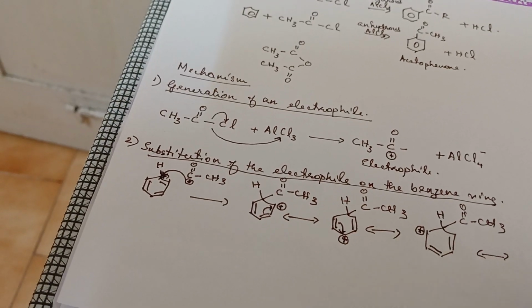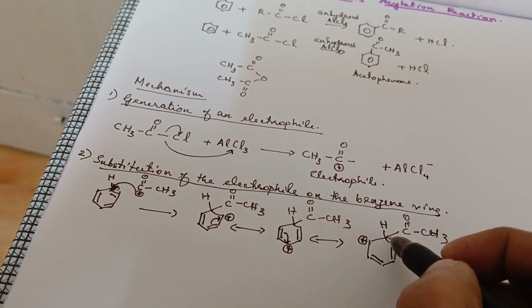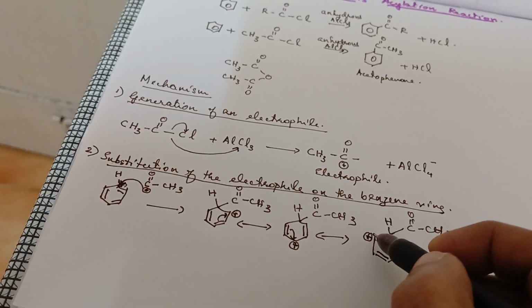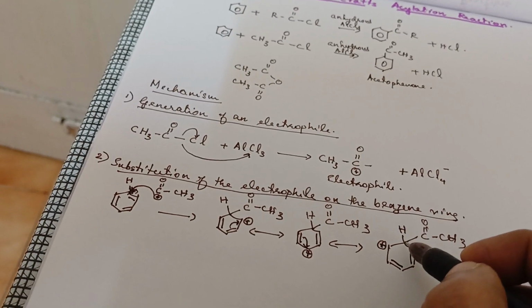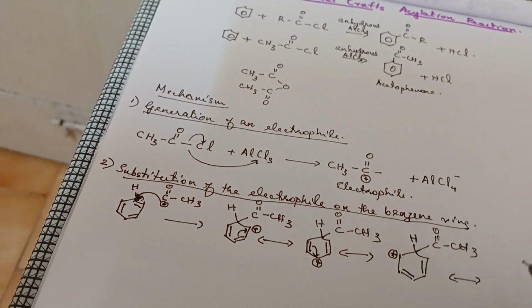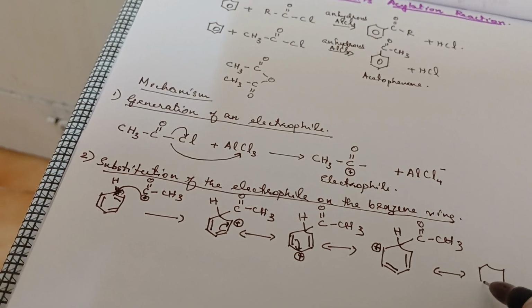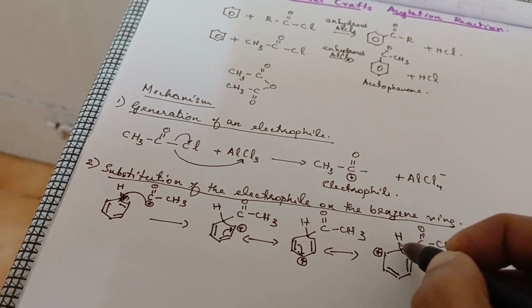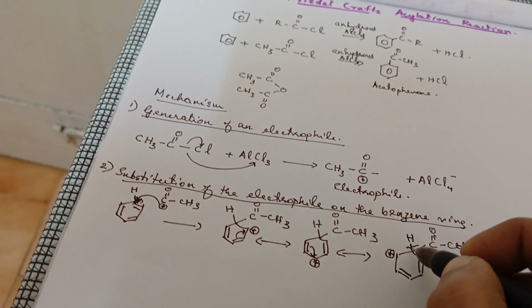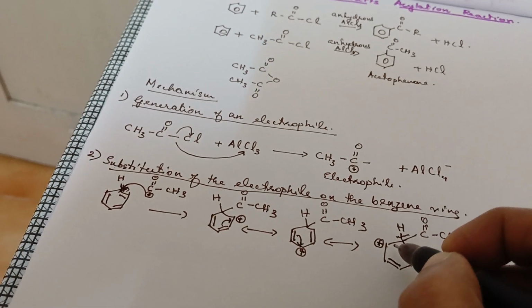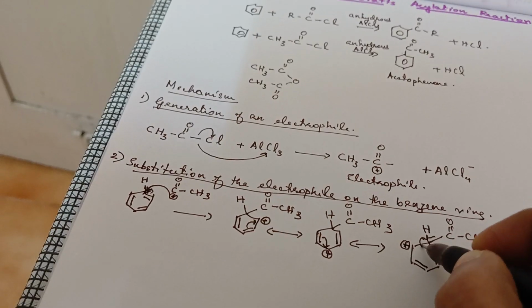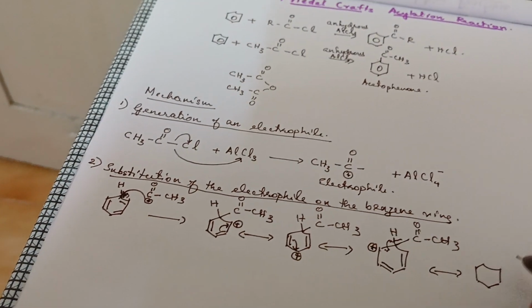Where will it get electrons from? This bond breaks and hydrogen will leave as H plus ion, and the electrons will come to this carbon.